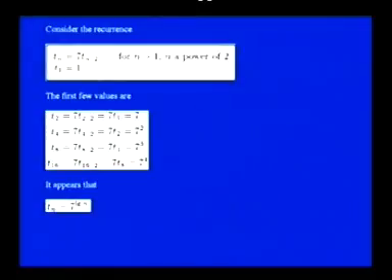T(2) equals, see the equation, 7 into T(n by 2), so this becomes 7 into T(1), and the initial condition is 1, so this becomes 7. Repeating this logic, T(4) equals 7 into T(2), and T(2) is 7, already computed, so this becomes 7 into 7, 7 square.